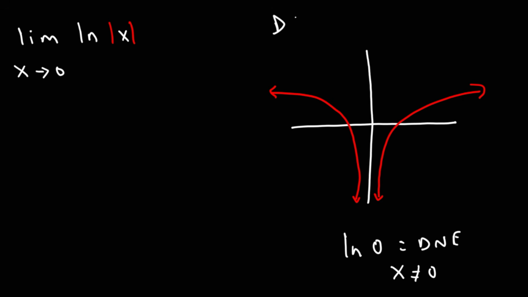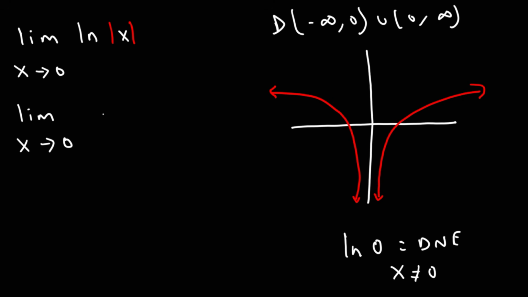So the domain for this function is from negative infinity to 0, union 0 to infinity. So ln 0 doesn't exist, but what about the limit as x approaches 0? In order to find this answer, we need to check the one-sided limits. So let's start with the right side, as we approach 0 from the right.